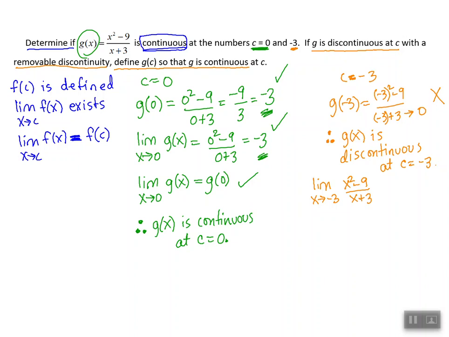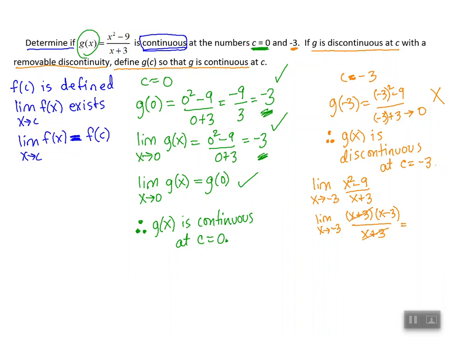Well, we already know that substitution is not going to work. Our denominator is 0, negative 3 is not in the domain. But we know from previous practice with limits that sometimes we can manipulate a function with factoring. And in fact, we can do that with this one. So let's factor the difference of squares in the numerator. And we have a common factor. And now substitution will work.